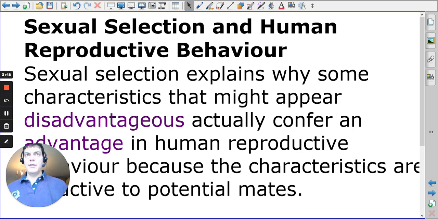However, being large or strong might mean I'm able to defend myself, or I might be able to beat other males to mate with the females. So it becomes an advantage as a male to be tall and strong.